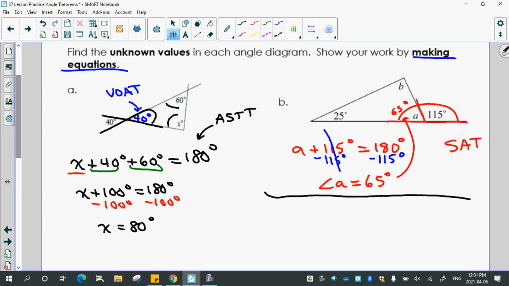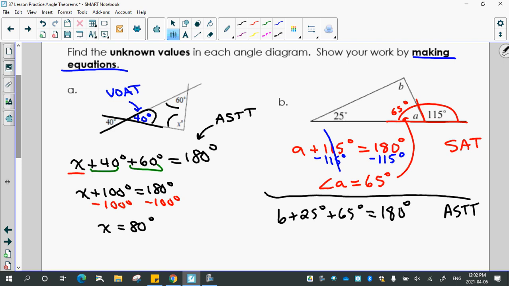Now is there an equation I can make to find angle B? Perfect. So the three angles in a triangle, B plus 25 plus 65 degrees equals 180. And that's angle sum triangle theorem, ASTT.